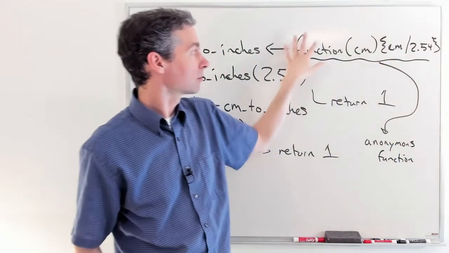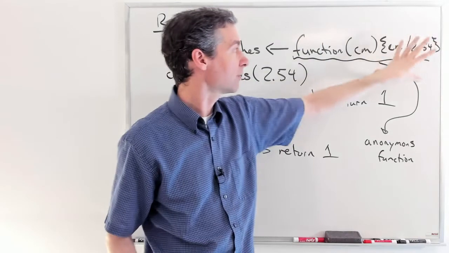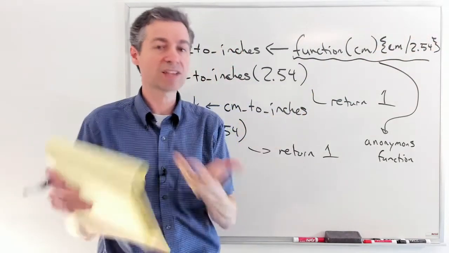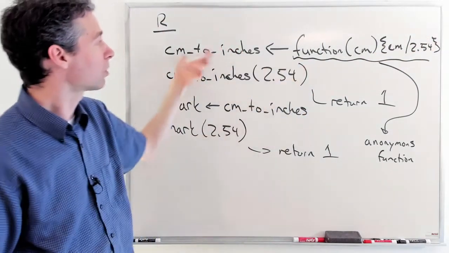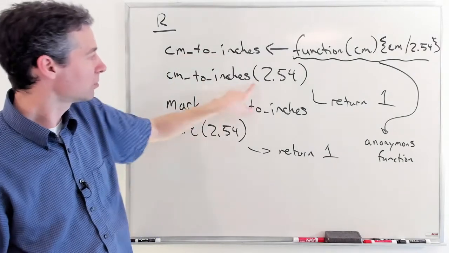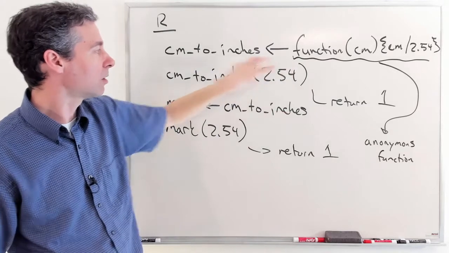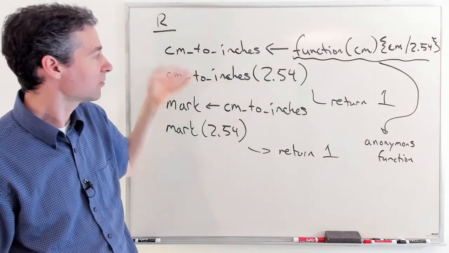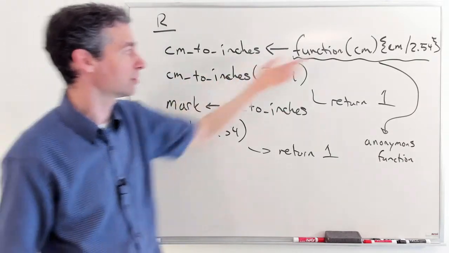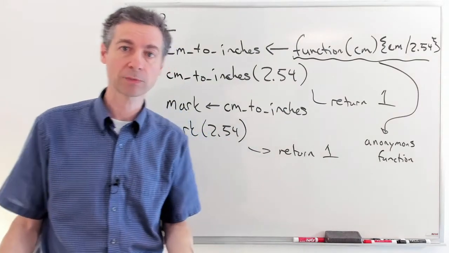So in R, we call this method function, and it creates a function, and it has no name. We store it in a variable, and when we use the call syntax on it, it says, well, I need to call it as if it's a function, and in fact, inside that variable there is a function, and so everything works as we expected.